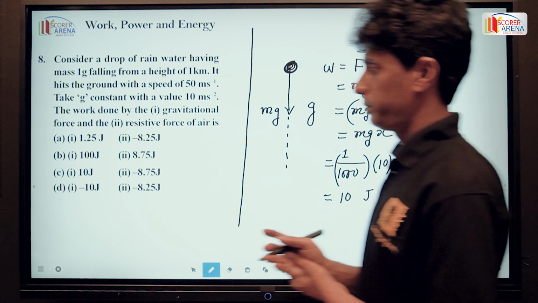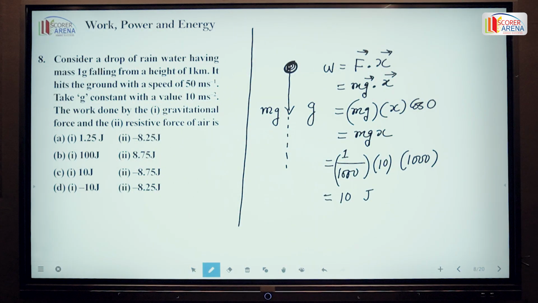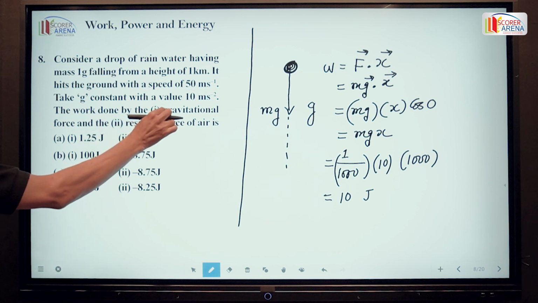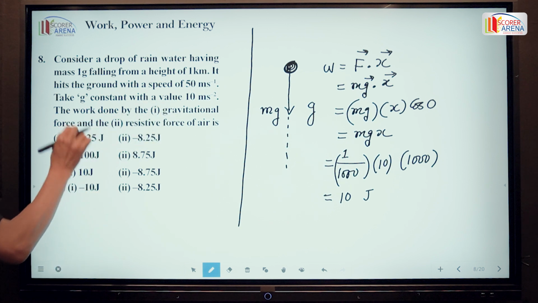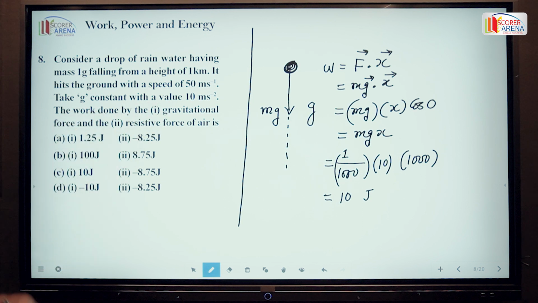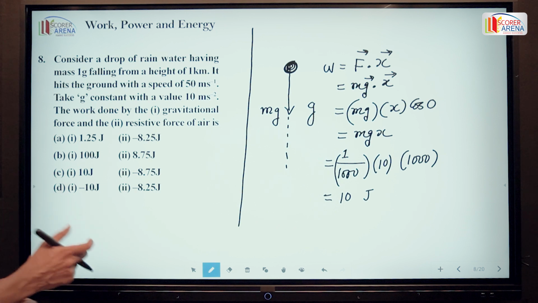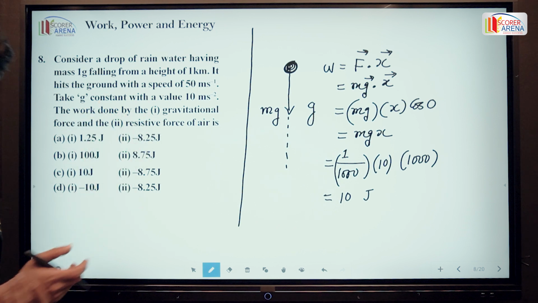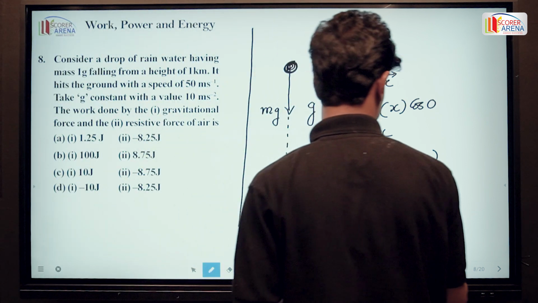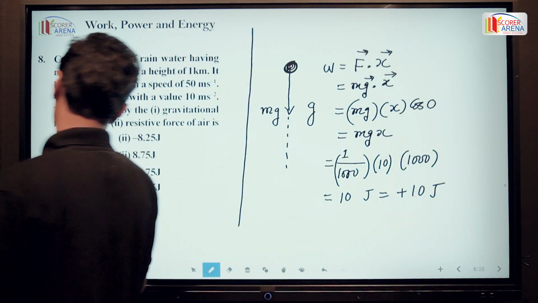Here two questions are asked: the work done by the gravitational force, and the work done by the resistive force. The work done by the gravitational force is plus 10 joule. So obviously the answer is C.